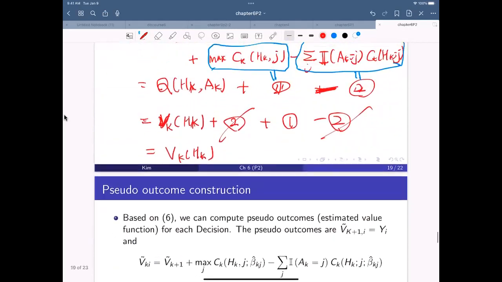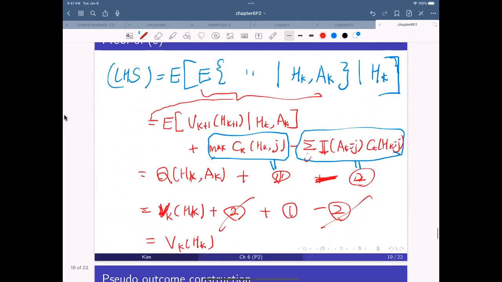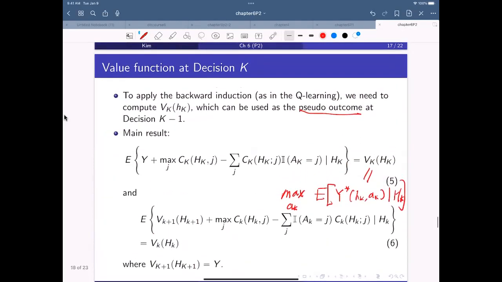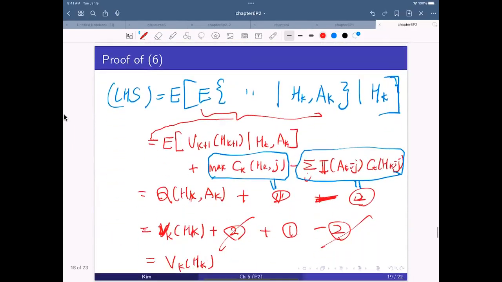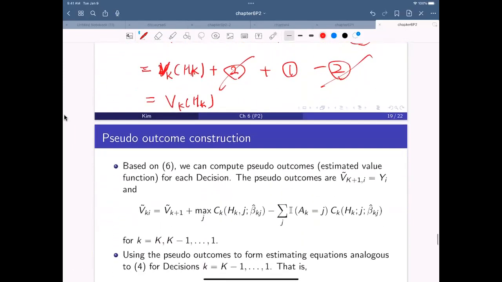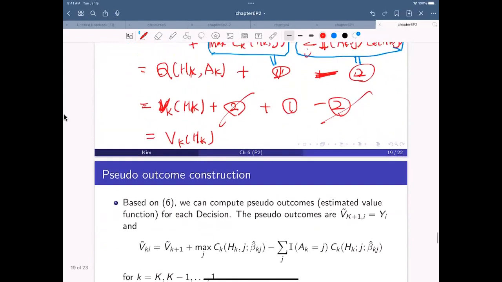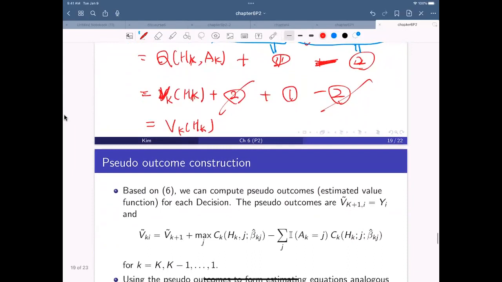Okay. So that means what? That means I like to use this one as a pseudo outcome, and try to make a model. So basically, based on 6, which I just showed, we can compute the pseudo outcome, which is the estimated value function.